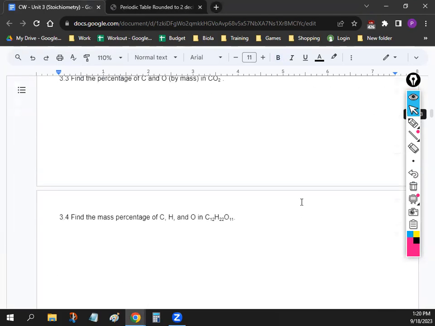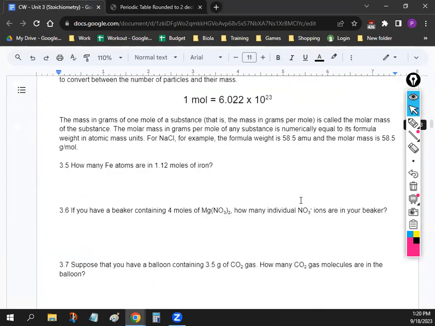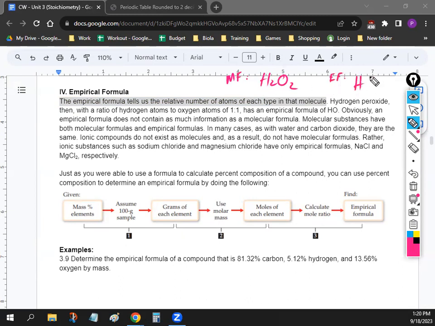So if you guys remember, maybe not in this unit, but in the previous unit, how you can basically simplify a molecule, right? If you had something like H2O2, hydrogen peroxide, this is the molecular formula, but for the empirical formula, we just look for the simplest form of this, which will be HO. You guys remember that? The empirical formula?